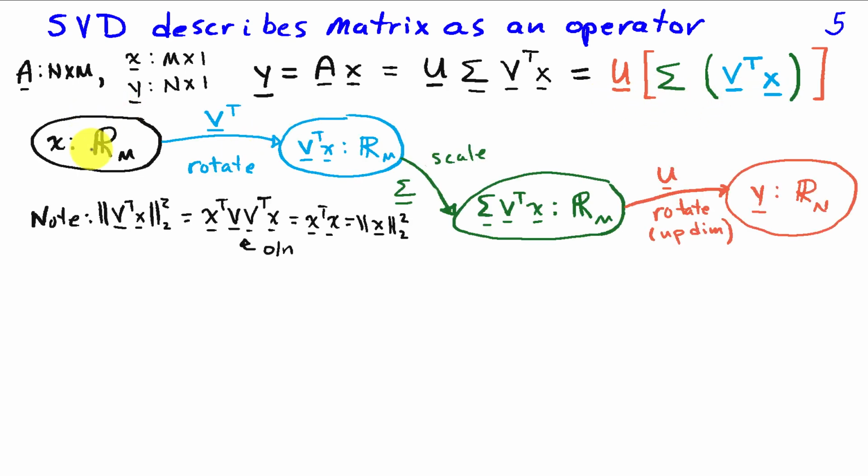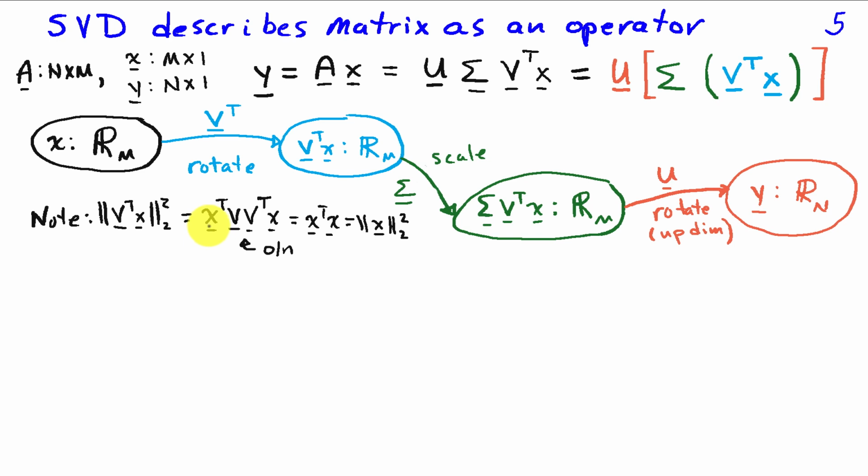So we're starting off in the space of m-dimensional reals because X is an m-dimensional vector. The operation by V transpose, it turns out, is simply a rotation of the vector X. The fact that V transpose effects a rotation is evident by considering the norm of V transpose X squared.